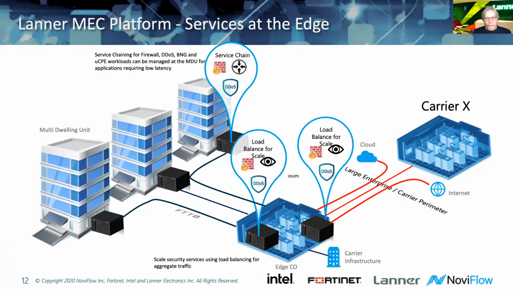So we're saving the overall operations cost by a significant amount, because we're building an SDN framework, which is truly software defined. That means once the box is installed in these multi-dwelling units, everything else, provisioning, redirecting traffic, network telemetry, is all residing at the edge, and is all done via software-defined networking.